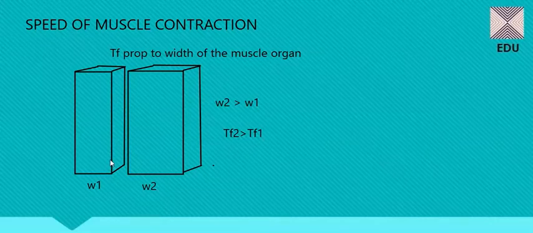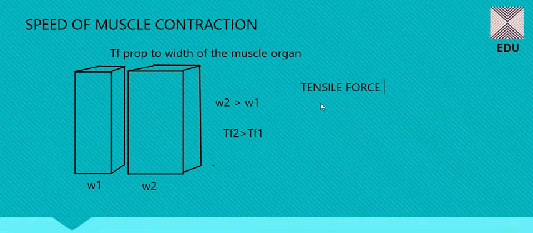Now students, here we are talking about the speed of muscle contraction. This is a very important thing: the magnitude of the tensile force made is something else, but the speed of the muscle is something else.